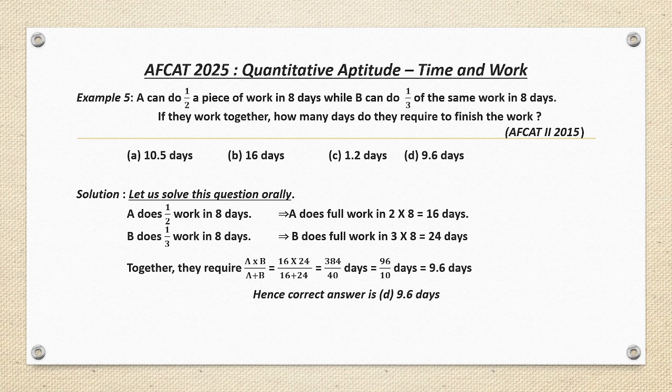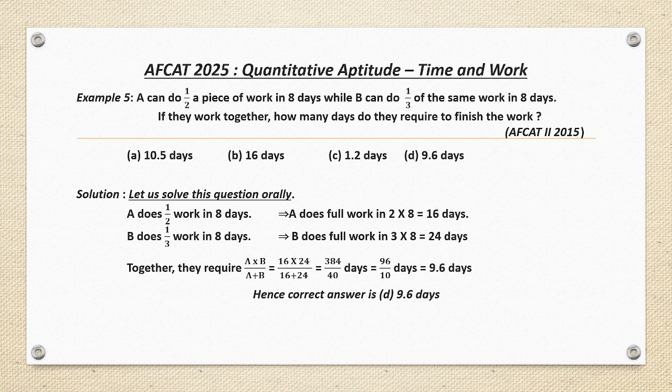So let us try to solve this question orally. Here A does half a work in 8 days. That means he'll be able to do the full work in 2 into 8 days, that is 16 days. And B does 1/3 work in 8 days. That means he'll be able to do full work in 3 into 8, 24 days. Now, the question is together how many days do they require?